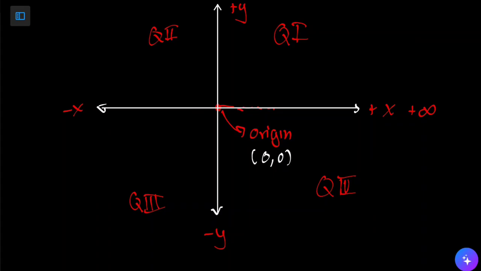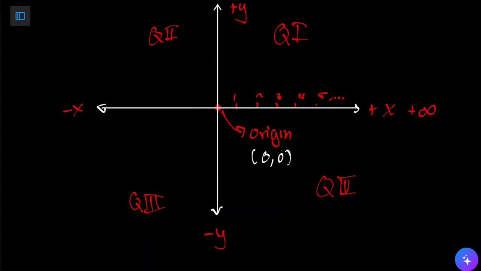So let's say, from the origin, this is 1, this is 2, this is 3, this is 4, this is 5, and so on and so forth. It applies also to the y-axis. As you go up, the values of y increase towards positive infinity as well.